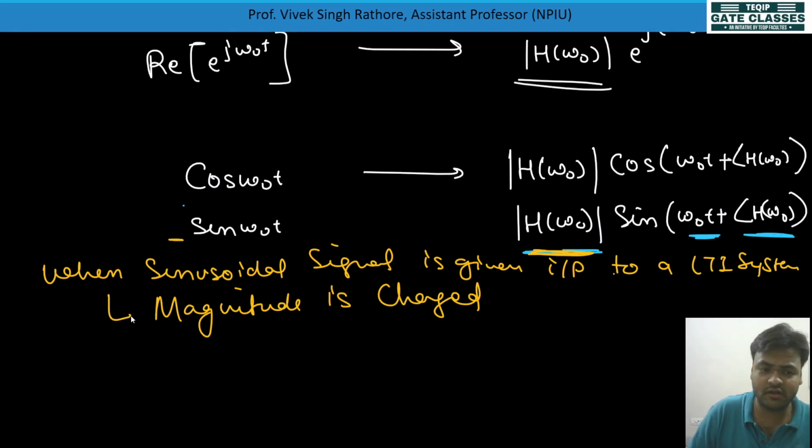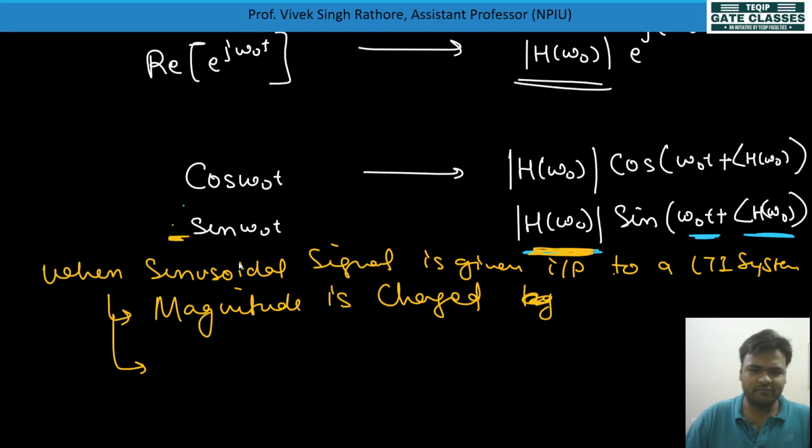This is asked as a one-line question. You should remember it or understand it. Magnitude is changed. Whatever h of omega may be, the magnitude will change by mod of h of omega naught.